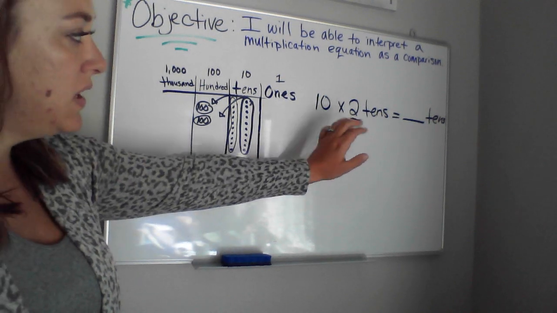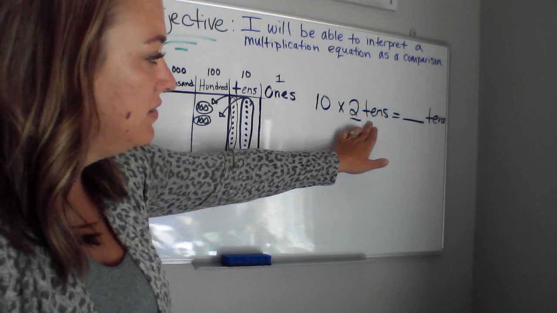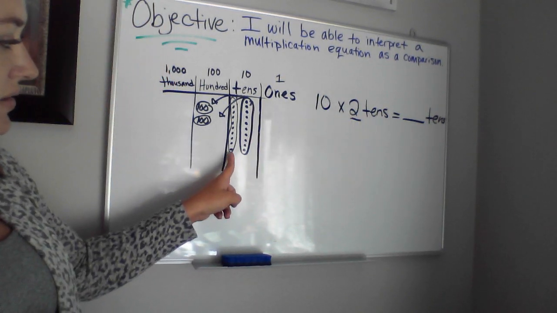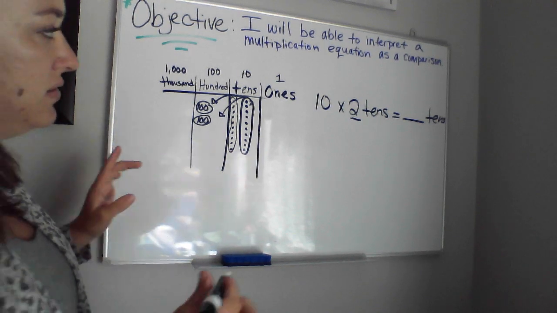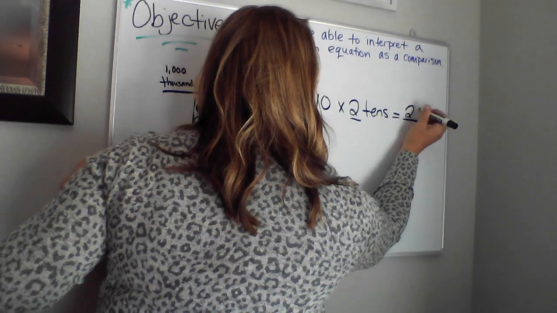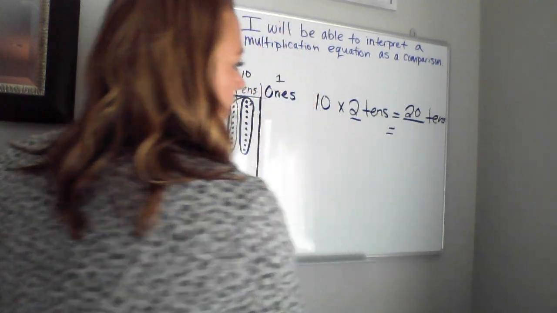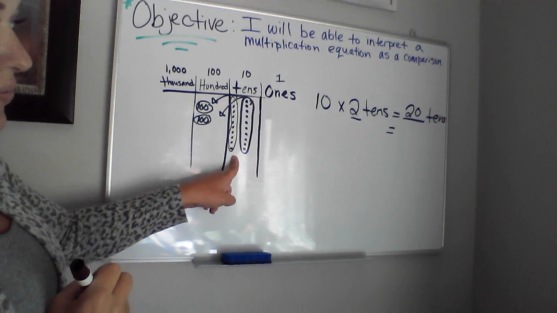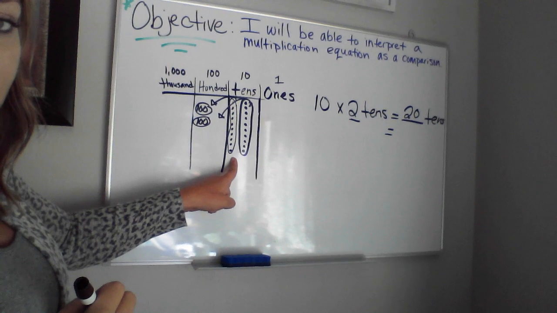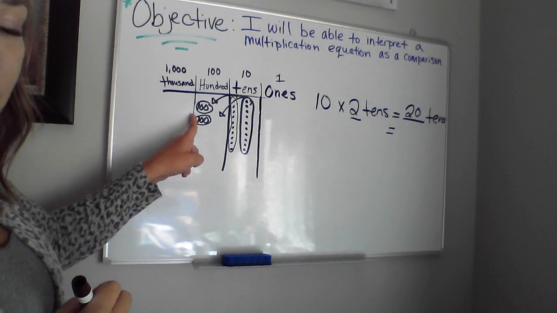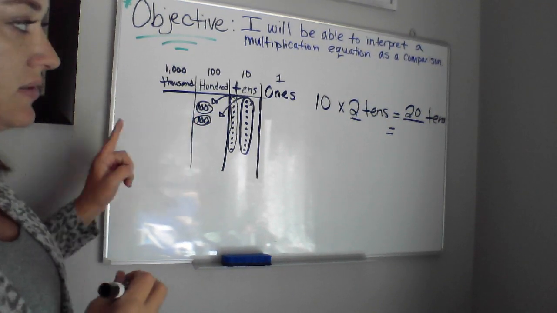Okay, so let's come back to our equation. So 10 times 2 tens, we found out that that was 10, 20 tens. And we learned that 20 tens is equal to 2 hundreds.